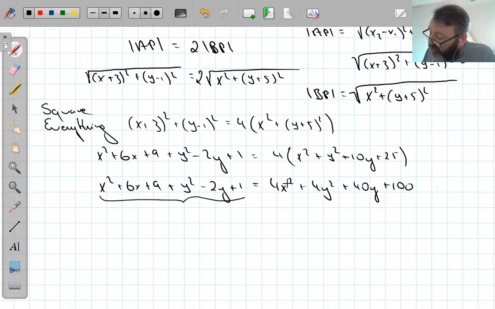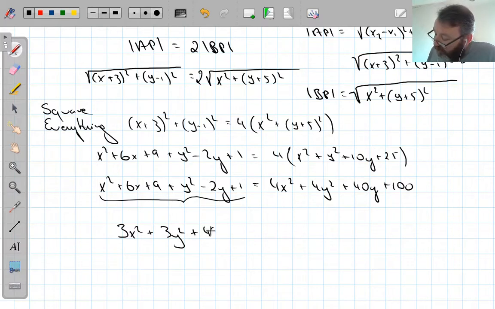So 4x squared minus x squared is 3x squared. 4y squared minus y squared is 3y squared. 40y plus 2y is plus 42y. And 100 minus 1 minus 9 is 90. And that's equal to 0. So I carried all of them over here.